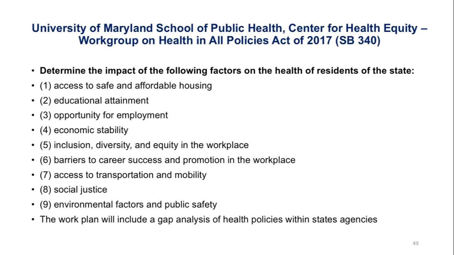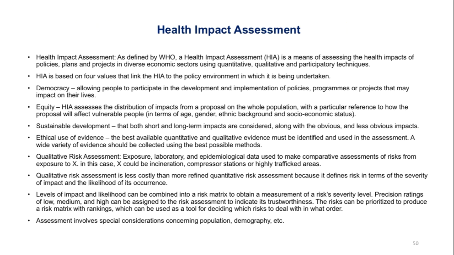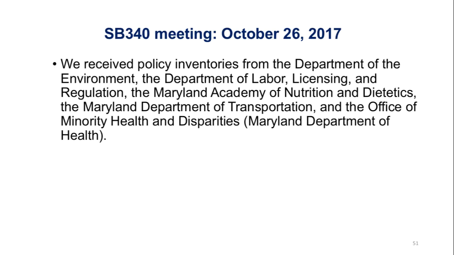environmental factors. So the people from the government, from different sections, meet and come up with the factors that may affect people's lives, and they come up with the solution. These are the activities going on at the University of Maryland. They call that the SB 340 meeting.